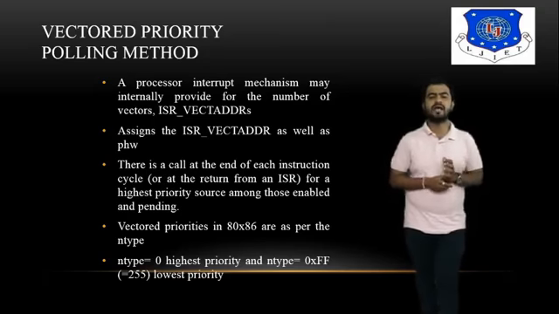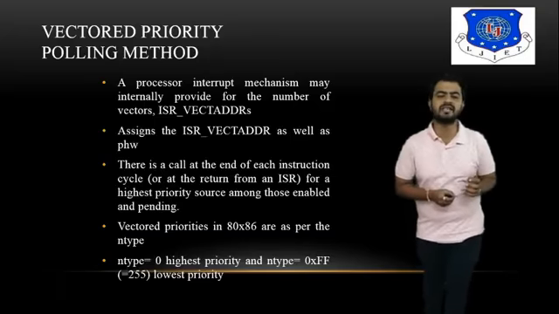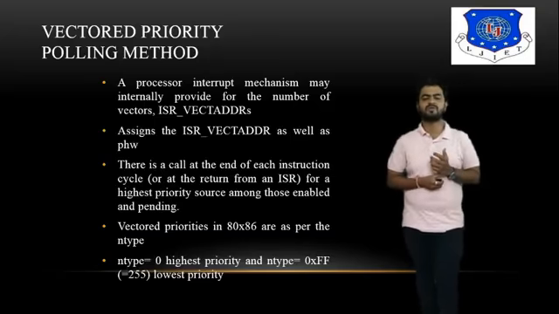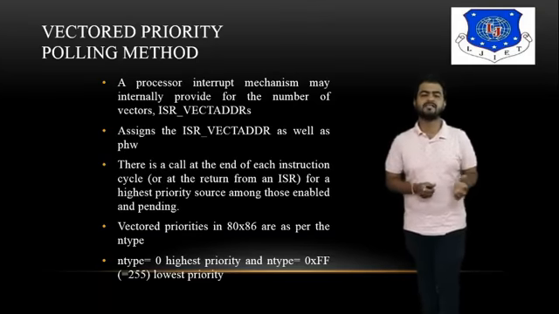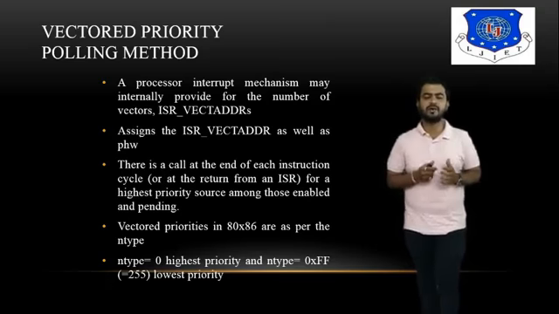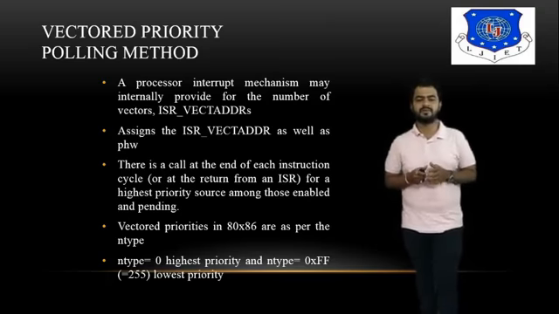That is checked at the end of each instruction cycle for the highest priority source among those enabled and pending. So vectorized priority in 8086 is as per the n value.